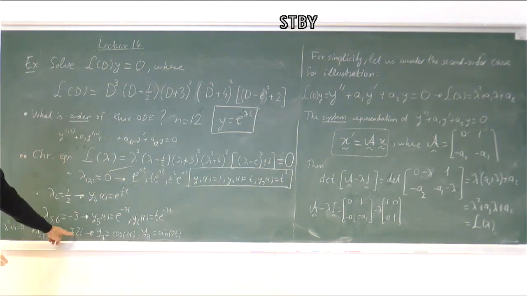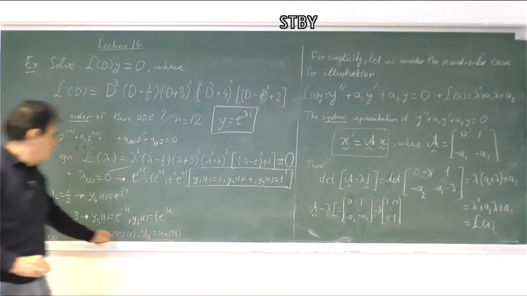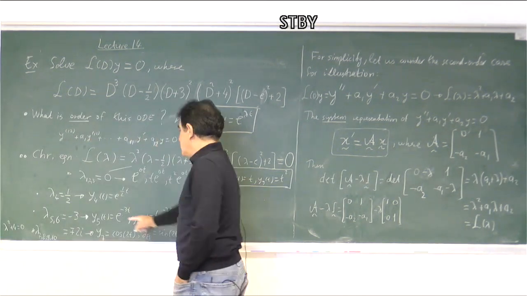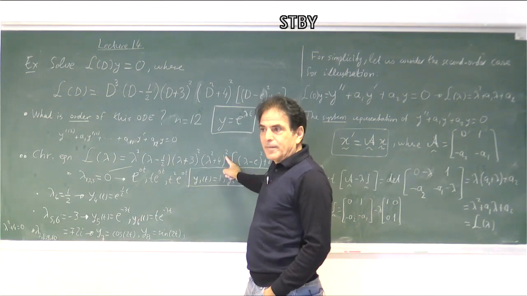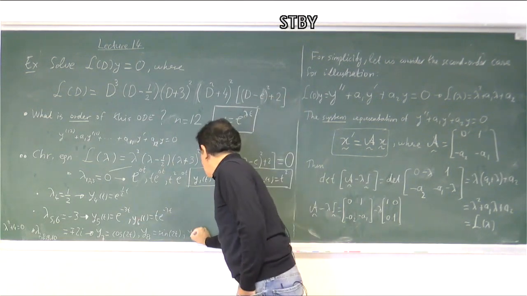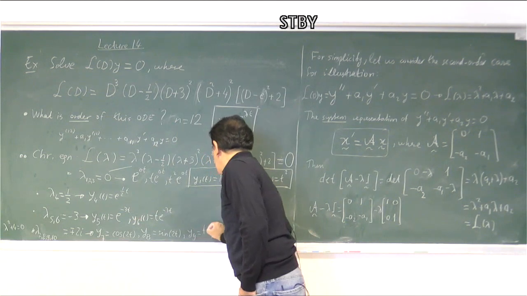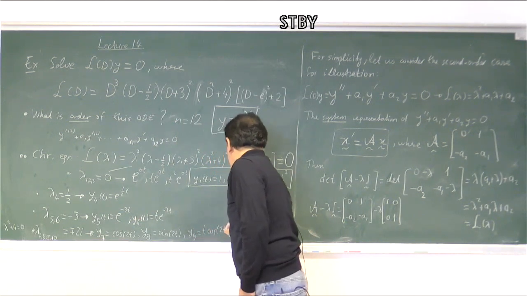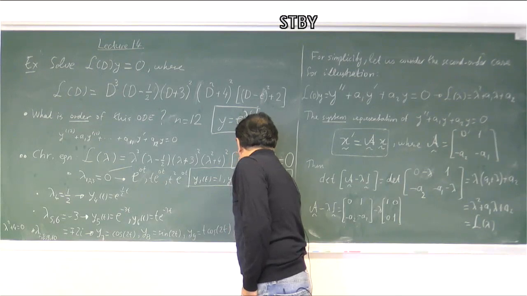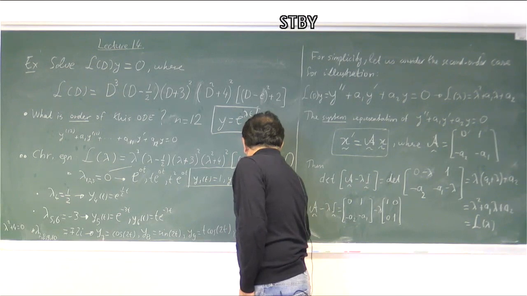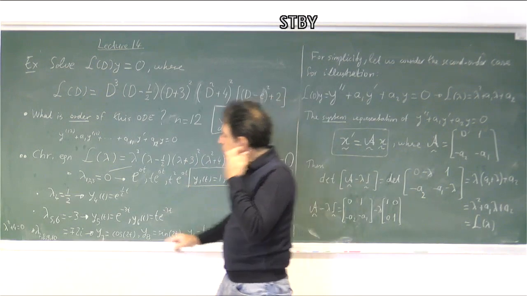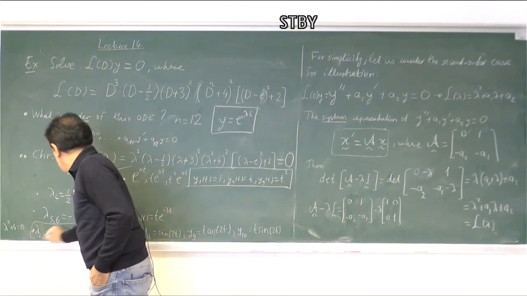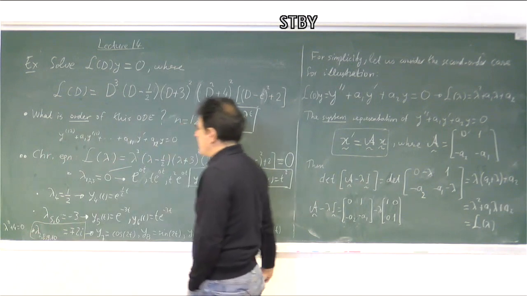Good. We just use the imaginary part to find the 2 solutions. And since it is a double root, we see that t times cos 2t, and finally t times sine 2t are also solutions corresponding to this root, which is a double root. Okay?